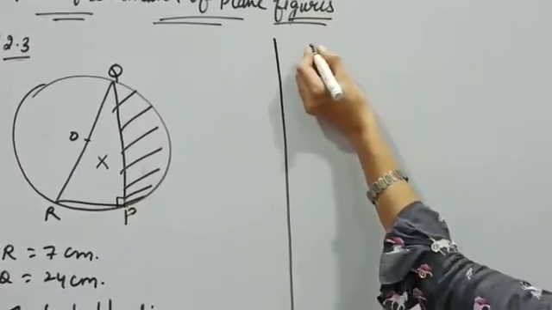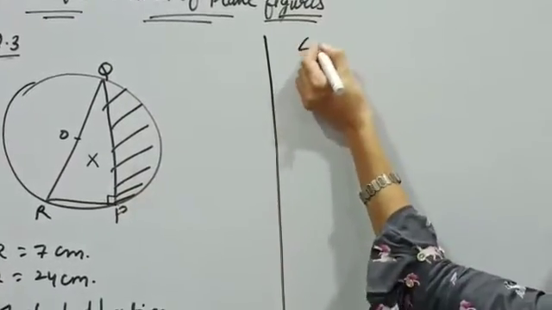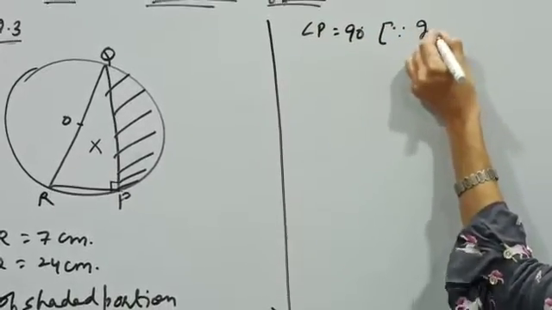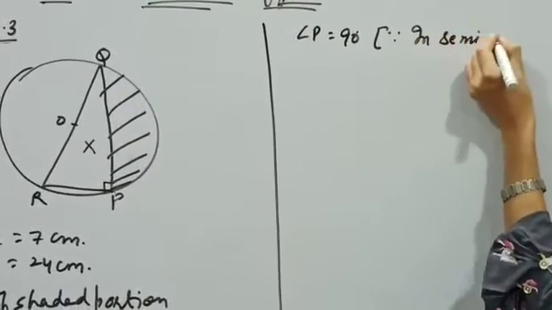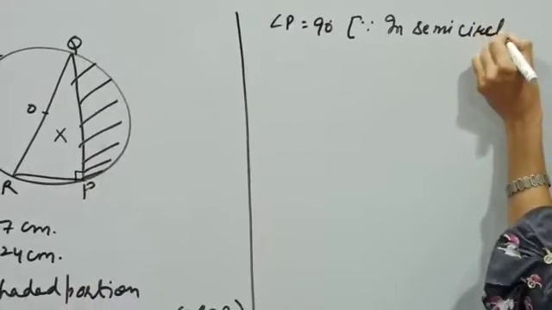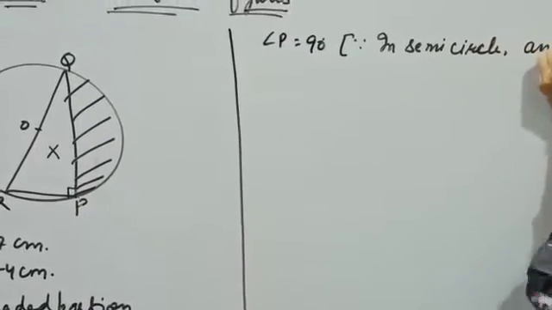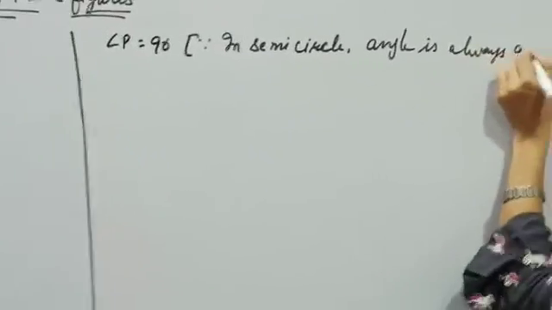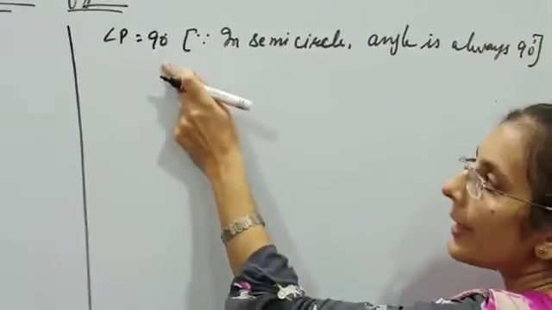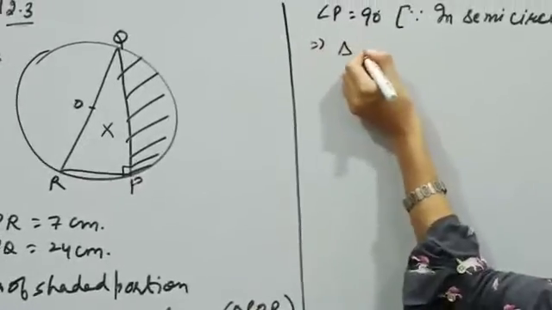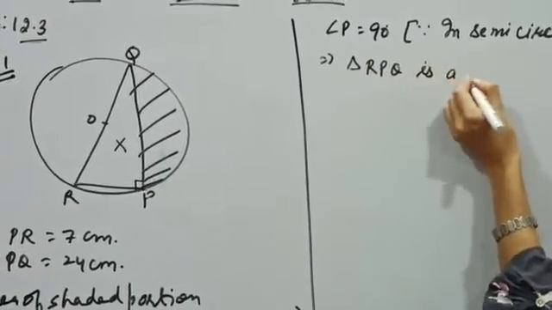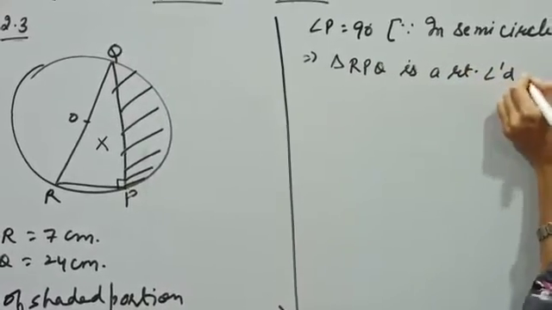Here angle P is equal to 90 degrees. We will write the reason: the angle in a semicircle is always 90 degrees. So this implies triangle RPQ is a right angled triangle.